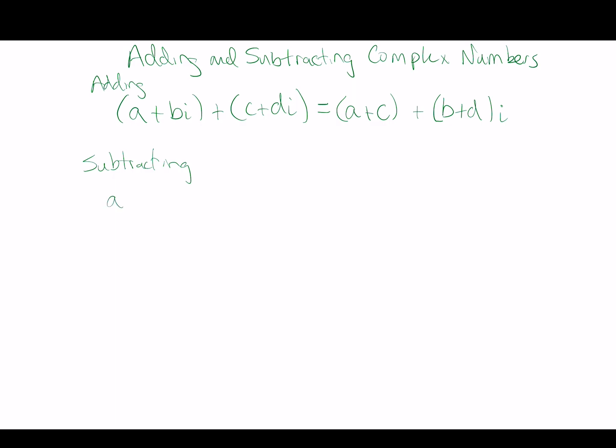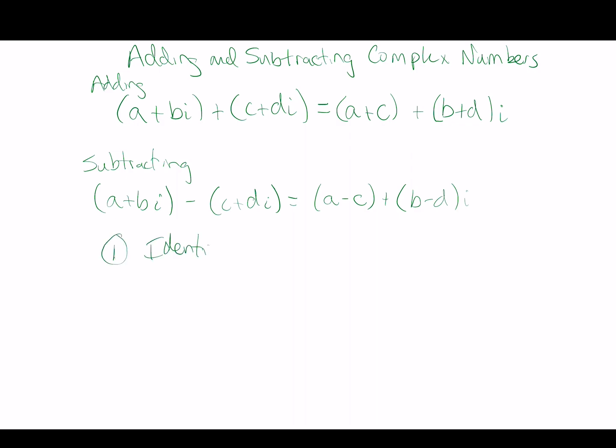If we have a plus bi minus c plus di, then we just subtract the component real part, so a minus c, plus the difference in the imaginary parts, b minus d, times i. So how do we do it?